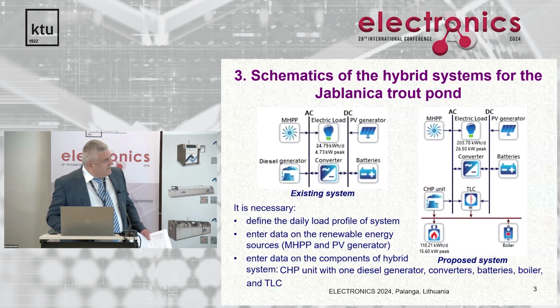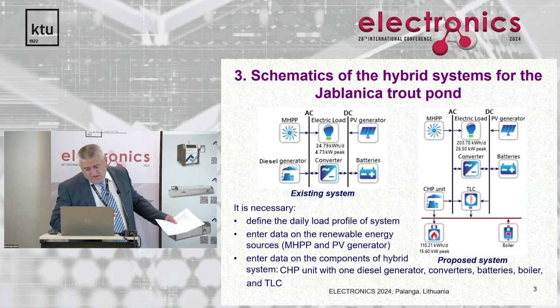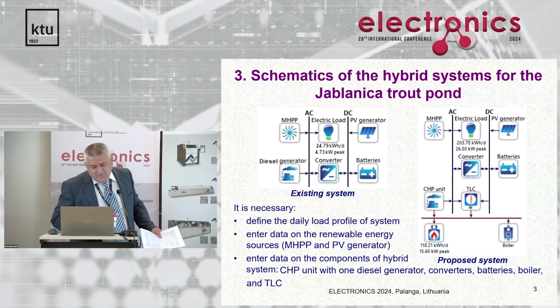On this slide, we can see some schemes screenshotted from the Homer software. On the first one, you can see the main components; we cannot say a micro hydropower plant is a component. But our hybrid system is composed of these 6 elements.